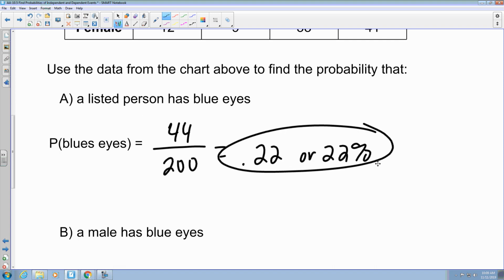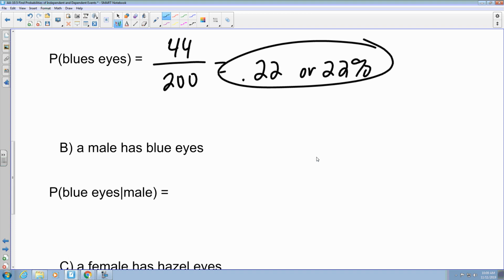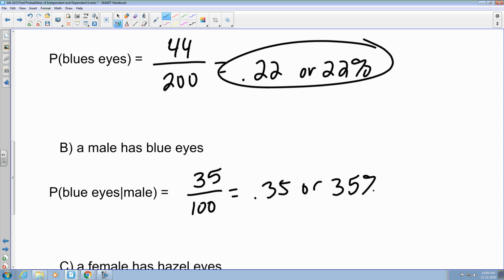Okay. All right. Here it says males that have blue eyes. So males that have blue eyes in this case are 35 over 100, which is 0.35 or 35%.